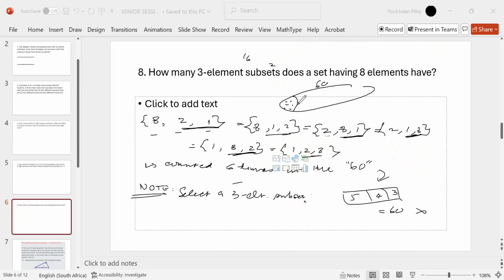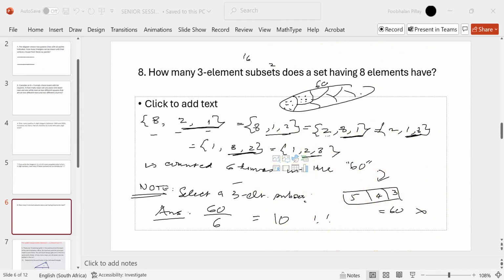Now, you take all the different groups. If you take another triple, again, that'll give you another 6 counts, but you only count that once. So like that, what's happening here is that the 60, if you want to know the actual count, is divided up into several groups, each one having 6 elements, and we are counting all. So 60 over 6 gives you 10. You see? So we can get our 10.